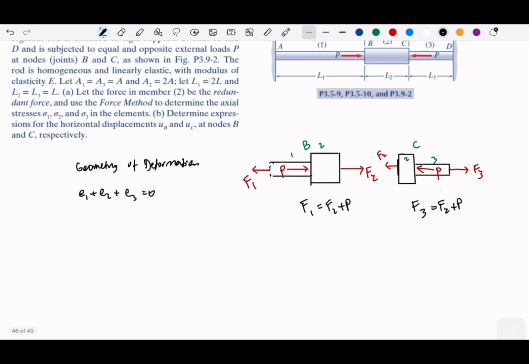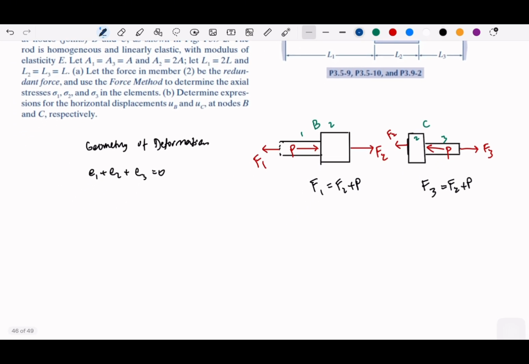And then we can write down the elongation formula. E is FL over AE. Since we have F and the geometric deformation is in terms of E, I think it's better to let the L over AE be computed first. If you have numbers, you can compute that first. This is a principal question, it doesn't have numbers, so I will change L over AE to a small f to make it easy to follow.